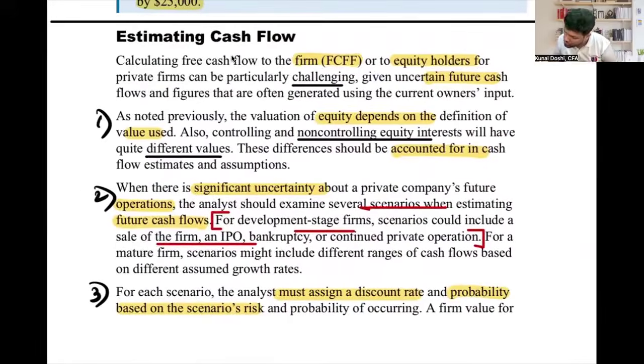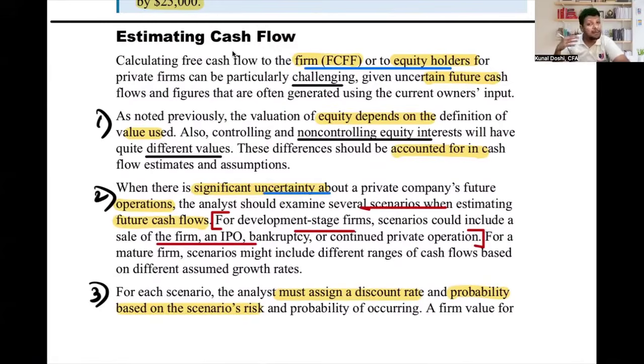Finally, when we are going to do the cash flow estimation, remember, for a company which is not listed, estimating cash flow is going to be more difficult because companies haven't published their financial statements. So deriving the free cash flow is much more complicated for a private company. It also matters whether the private company is going to continue as a going concern, shut down, or go for an IPO.